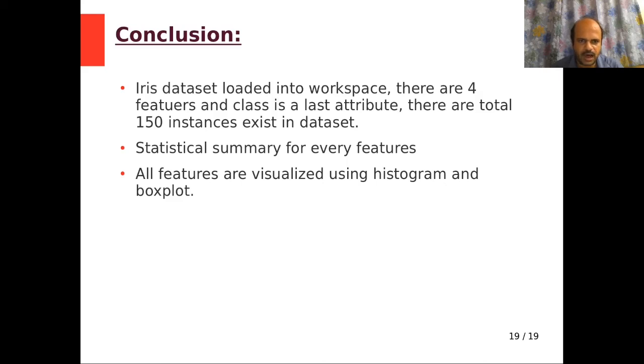We also displayed the statistical summary for every feature, and cumulatively we see all the features using histogram and box plot. So visualization is possible with these 2 different plots. Histogram is a frequency plot and box plot shows the distribution of the values for every feature. Thank you all.